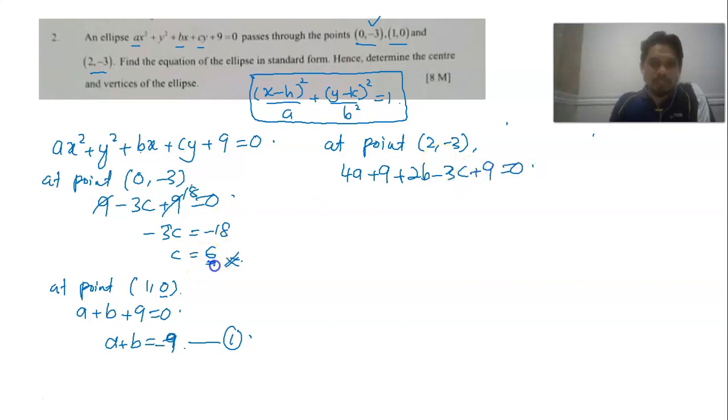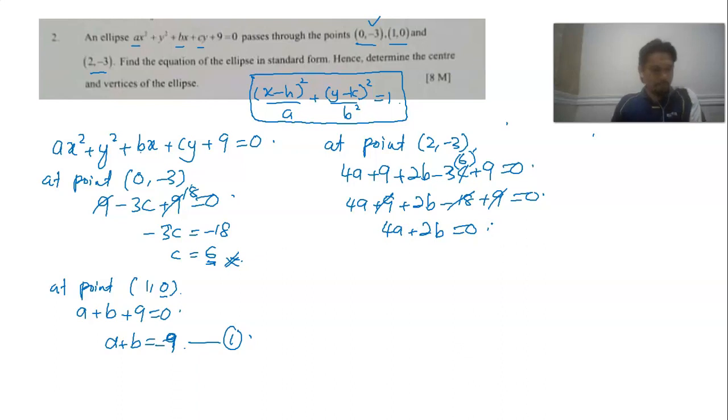By the way, c equals 6 here, so 3 times 6. 4a plus 9 plus 2b minus 3 times 6, 18, plus 9 equals 0. 9 plus 9 equals 18 minus 18 equals 0. So 4a plus 2b equals 0, then 2a plus b equals 0.